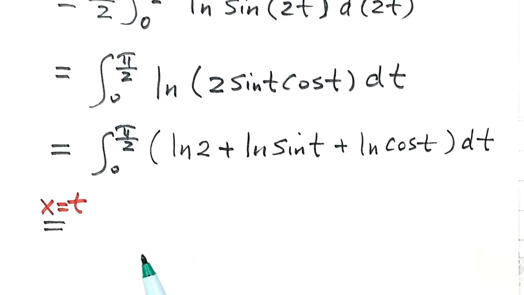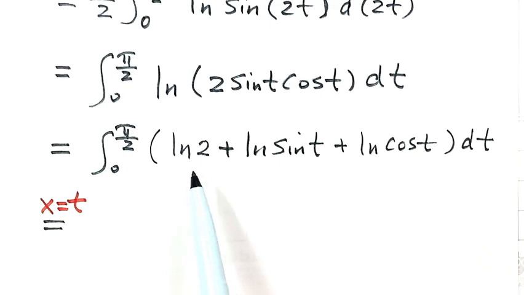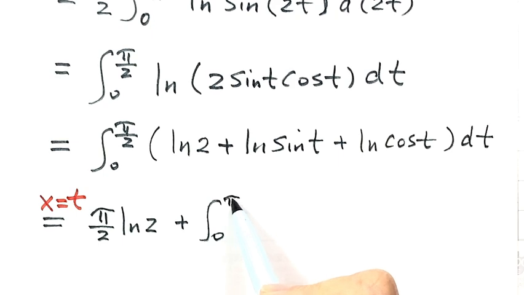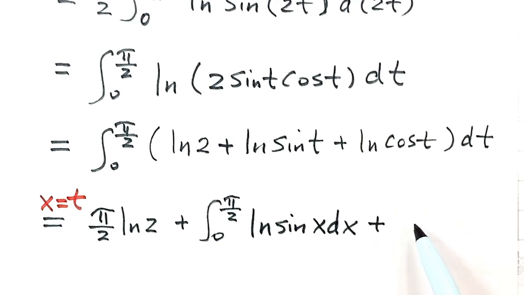We're going to separate this integral into 3 parts. For the first one, because log 2 is a constant, we get pi over 2 times log 2. The second one, from 0 to pi over 2, is log sine x dx. The next one is the integral of log cosine x dx.